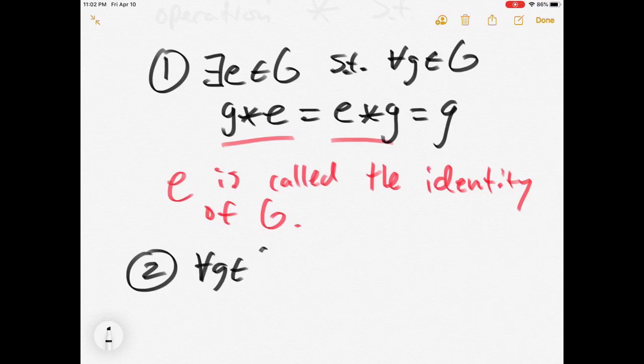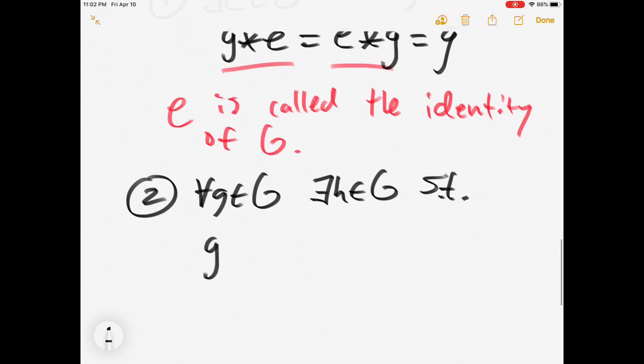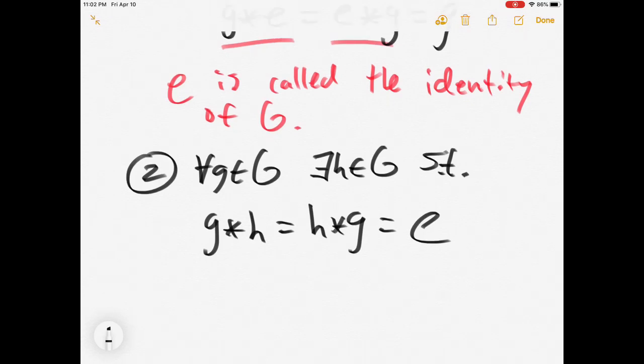The second property groups must satisfy: for any element g in G, there exists another element h in G such that if I take g and combine it with h, this is the same as taking h and combining it with g, and then I get the identity element. So for every element in G, I can find some element h that does this.